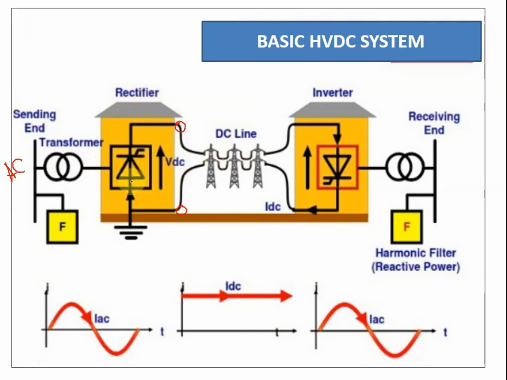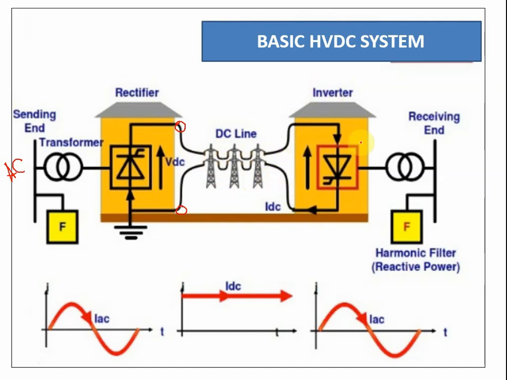Once we convert that AC power into DC, we transmit this DC power by using the DC transmission line. Here you are observing some towers. By using the DC transmission line we transmit the DC power from one station, the rectification station, to the inverter station.